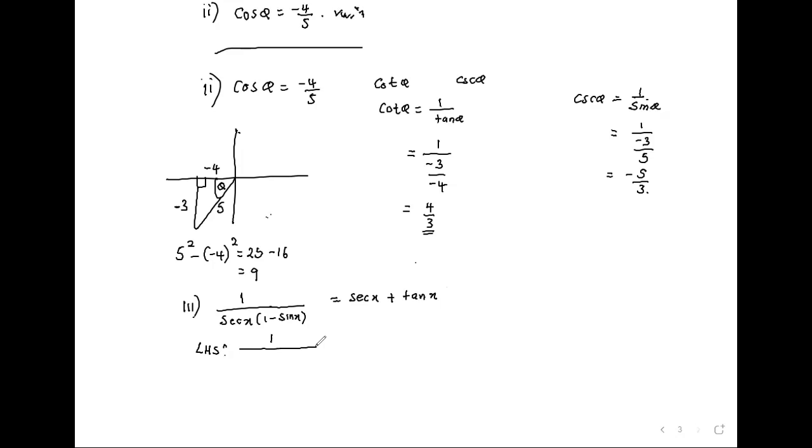So in this case, sec is 1 over cos, and then we are multiplying it by 1 minus sine, which means we're going to have 1 over 1 minus sine over cos, which we can write as cos over 1 minus sine.